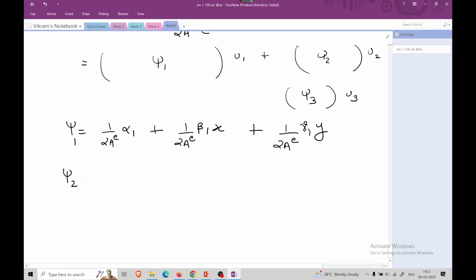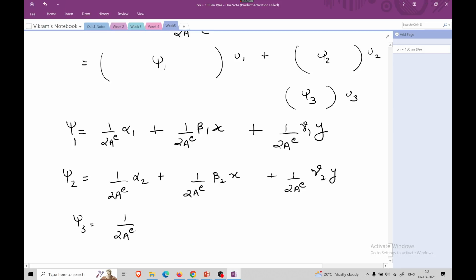My psi 2 I can similarly write: alpha, beta, gamma 1 all change into 2. So I'll write 1 by 2AE alpha 2 plus 1 by 2AE beta 2 x plus 1 by 2AE gamma 2 y. Psi 3 is going to be 1 by 2AE alpha 3 plus 1 by 2AE beta 3 x plus 1 by 2AE gamma 3 y.